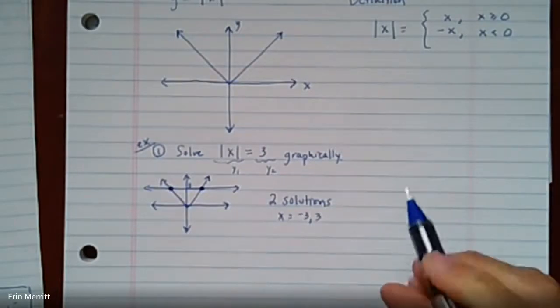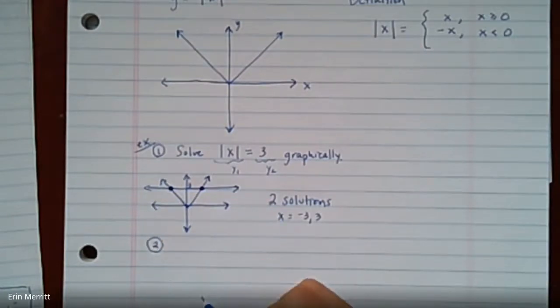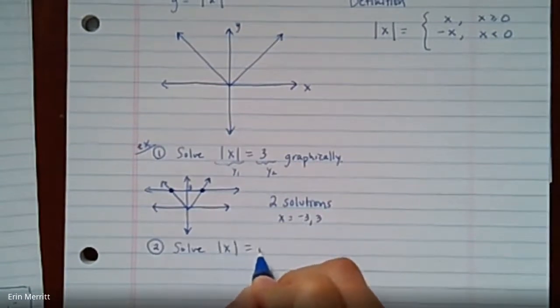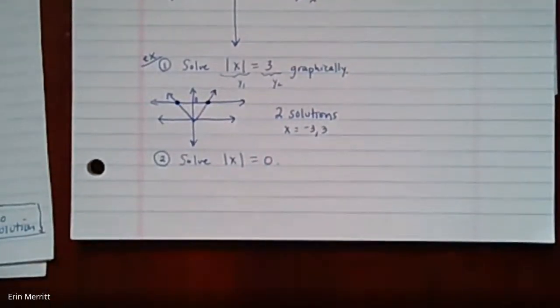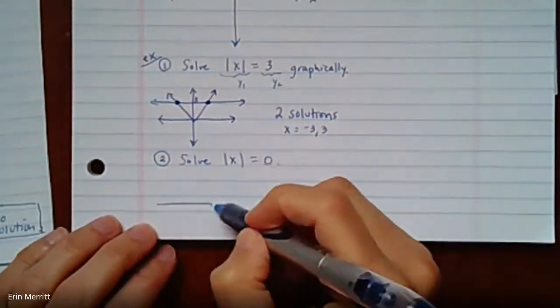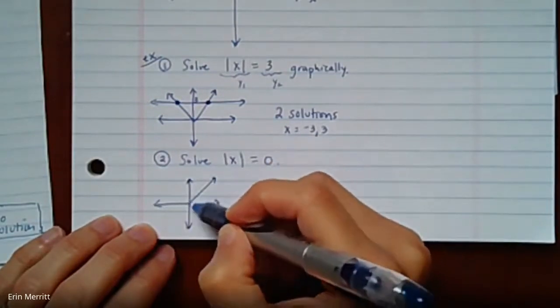Right? The second example I want you to think about would be, what if we said solve for when absolute value of x equals 0? All right, well, the first part of the graph wouldn't change at all. You'd still be thinking about, all right, I get that V shape. So I'd still have this.